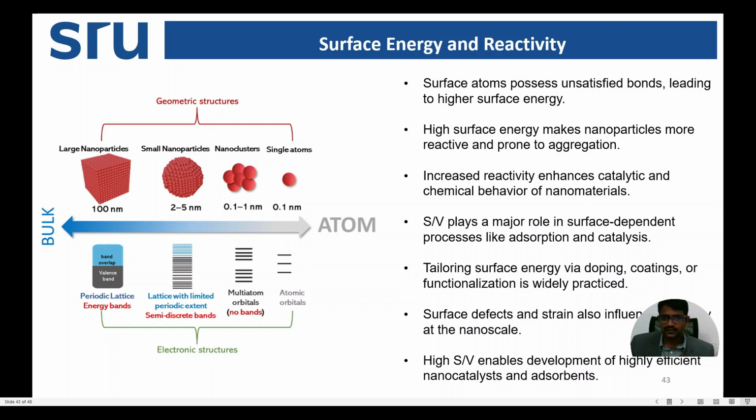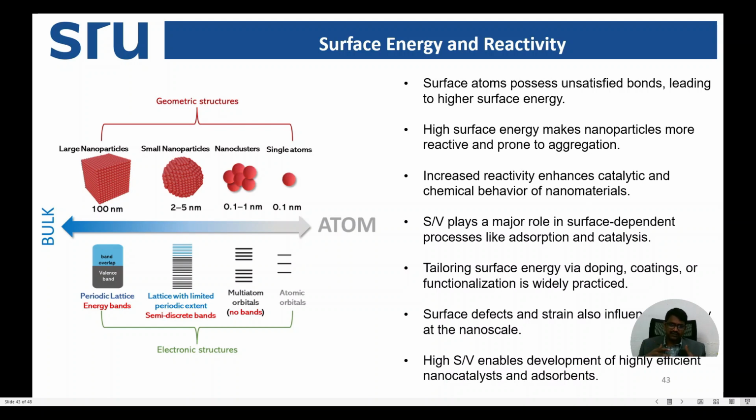See here: tailoring surface energy via doping, coatings, or functionalization is widely practiced. By using these processes, and there are many other processes also. By doping, we can change the band gap. By making composites or by functionalization, we can alter the properties.